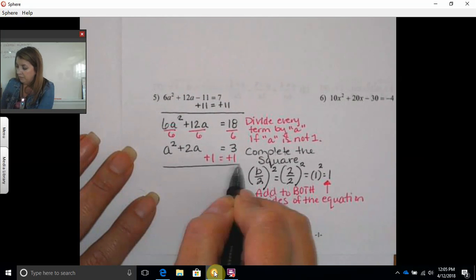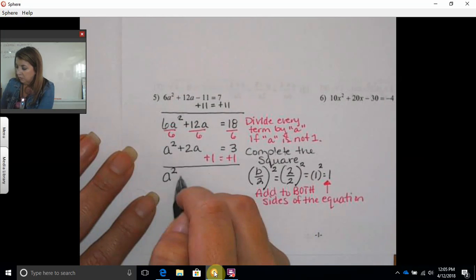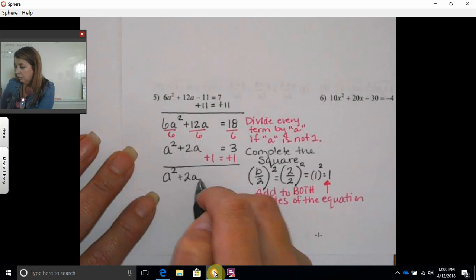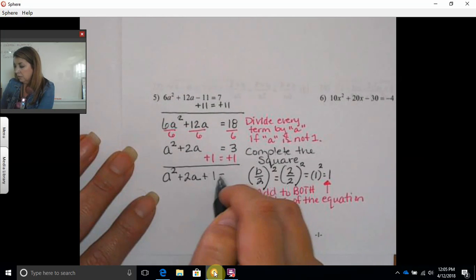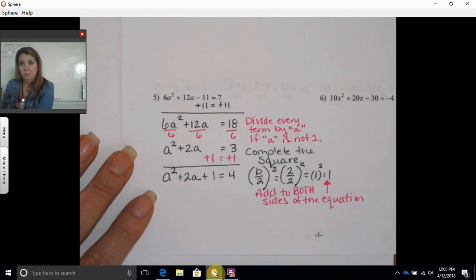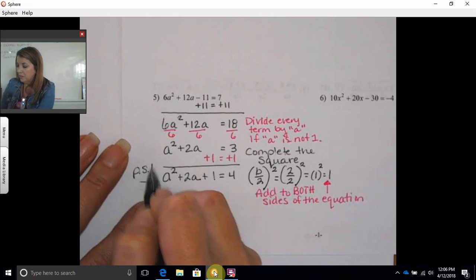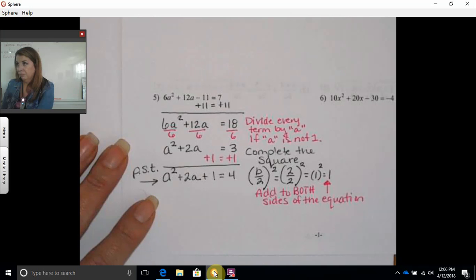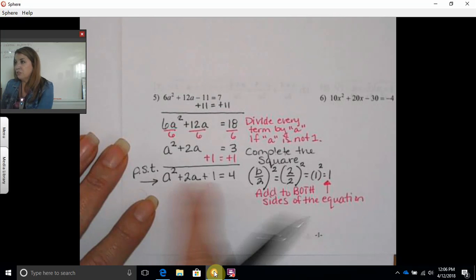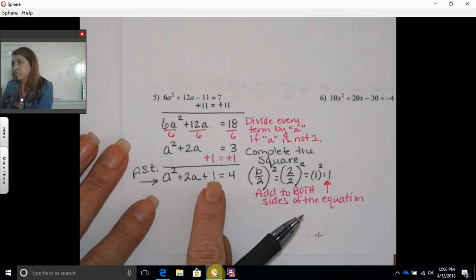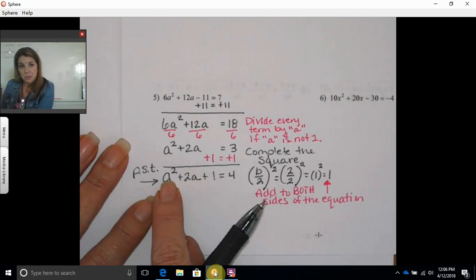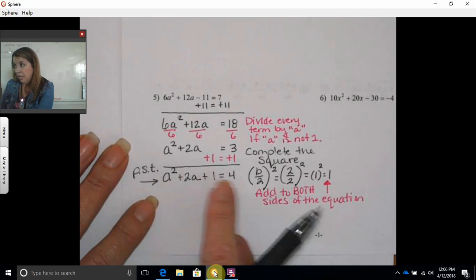So then you have a squared plus 2a plus 1 equals 4. What you have created should be a perfect square trinomial. Meaning, first of all, it's a trinomial. Your first term's a perfect square. Your last term's a perfect square.